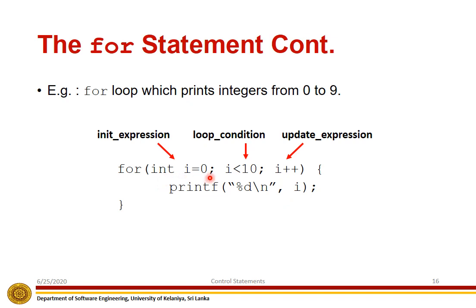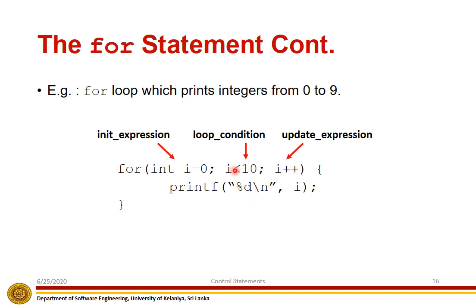First, int i equals 0. So it will check the condition, 0 is less than 10. So it prints the 0. Then it will update by 1, 0 plus 1 is 1. Then again check the condition, 1 is less than 10. So it will print the 1. And again update, 1 plus 1 is 2.